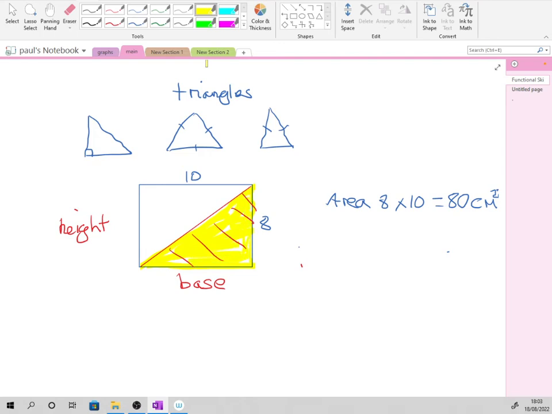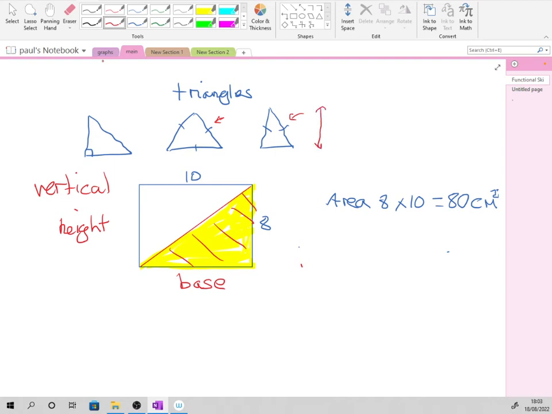The base of the triangle is here. The height of the triangle is this. Now, one thing to remember is it must be the vertical height, not any slopey sides, as in here, as in there, or as in there. It is the vertical height all the time.